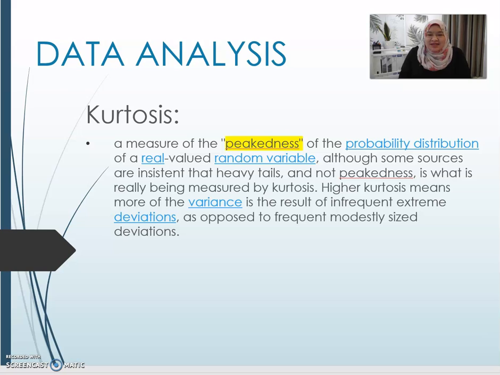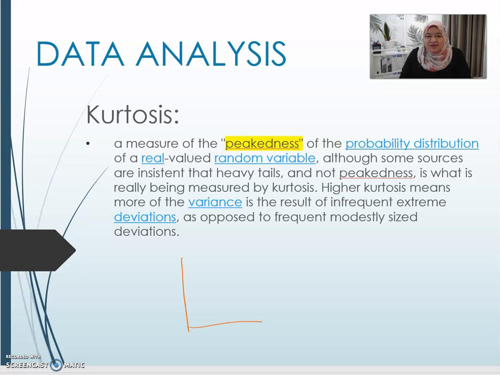The last one will be kurtosis. Kurtosis is a measure of the thickness of your bell curve and of the probability distribution of real-valued random variables, although some sources insist that it measures heavy tails, not thickness. What is thickness?